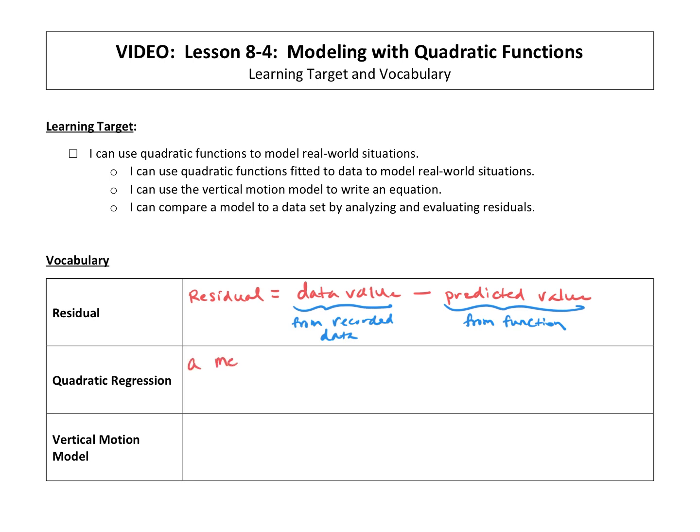A method used to find the quadratic function that best fits a data set. And then we can just make a side note on this. We'll be using a graphing calculator to do a quadratic regression.